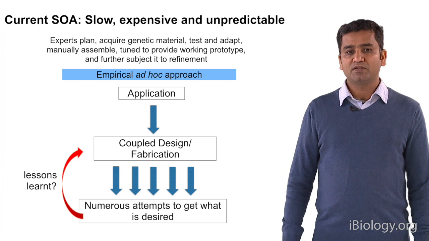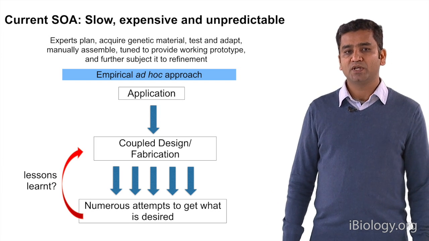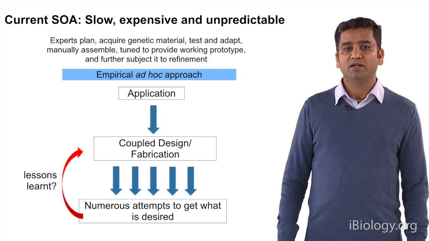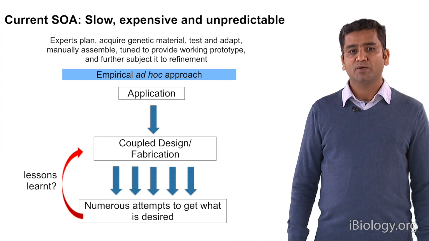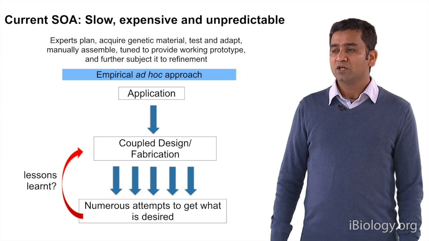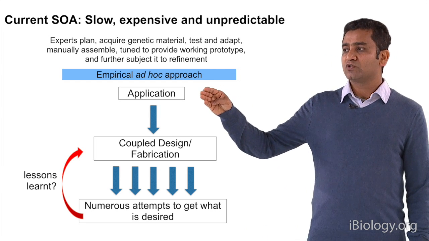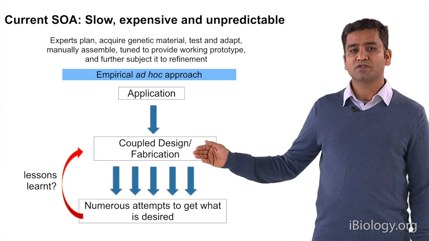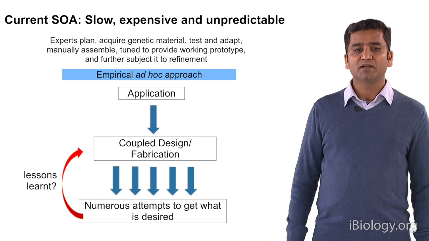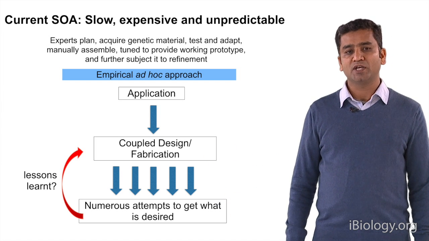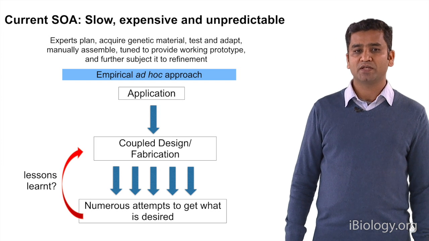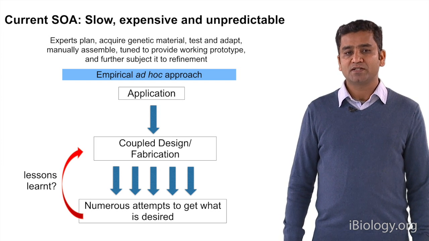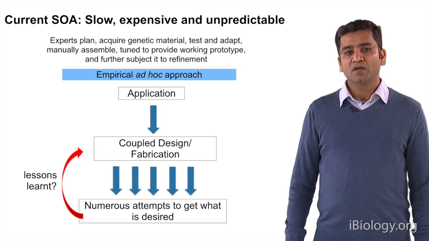Usually, PhD-level scientists plan and execute the experiments, test them, adapt them, and manually assemble them. It usually is an ad hoc approach where the application is defined, and then they couple design and fabrication and go through the iterative cycle, and usually we don't keep track of the mistakes made or the errors done. So we don't know what lessons we learn from every cycle.